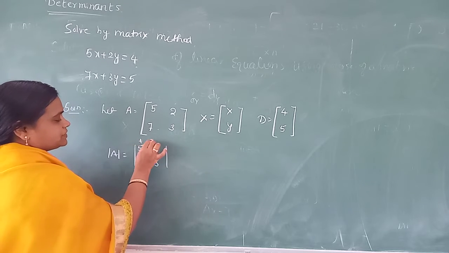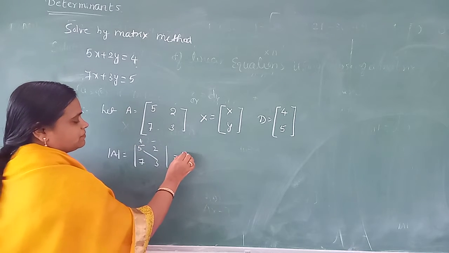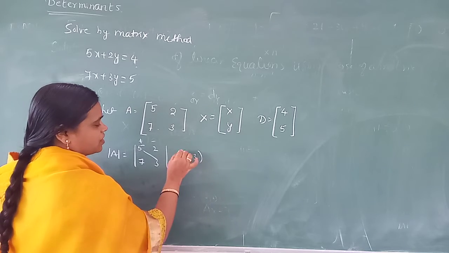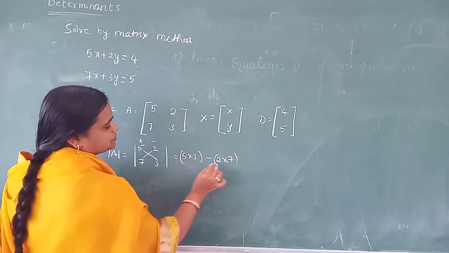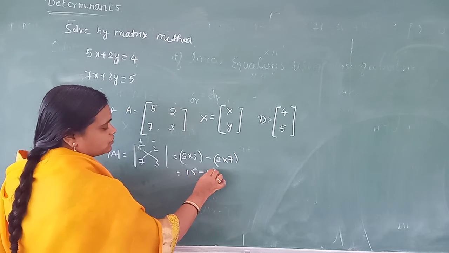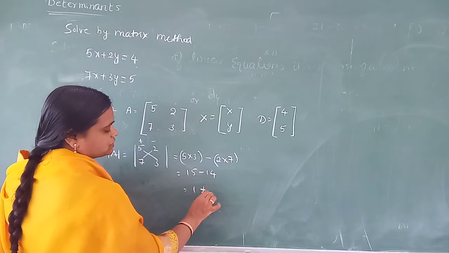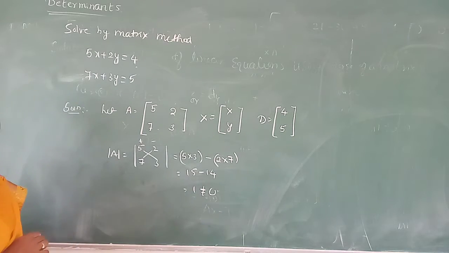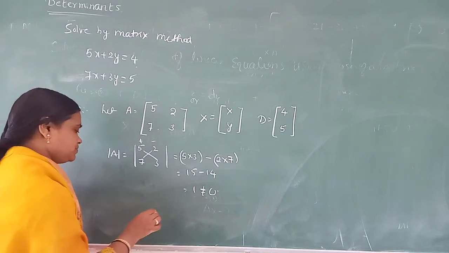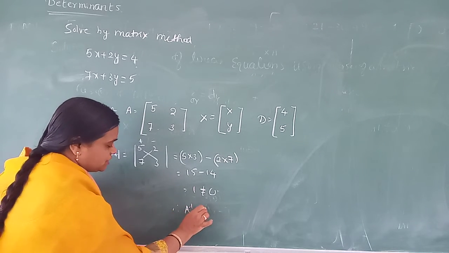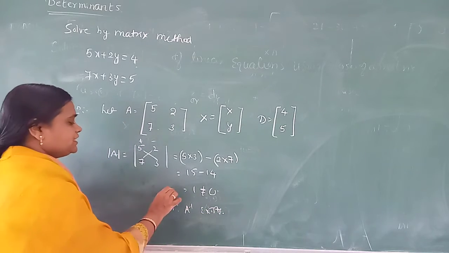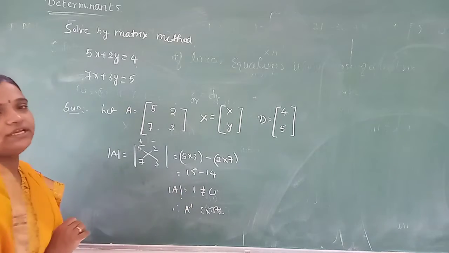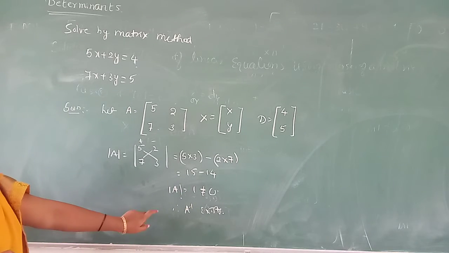Apply plus minus cross multiply: 5 into 3 minus 2 into 7, 15 minus 14, 1, which is not equal to 0. Means A inverse exists. Remember that: if determinant A is not equal to 0, then only A inverse exists, otherwise not. Remember this.